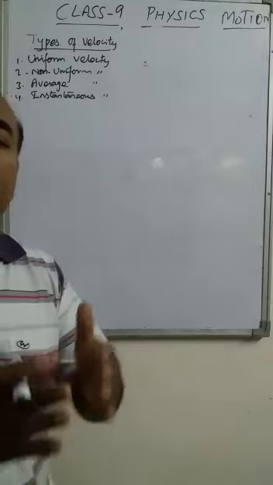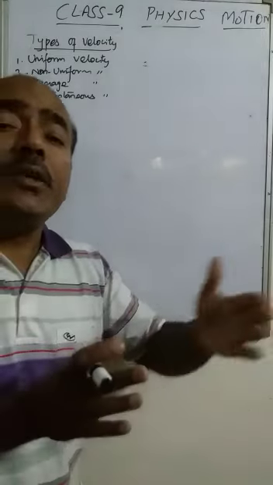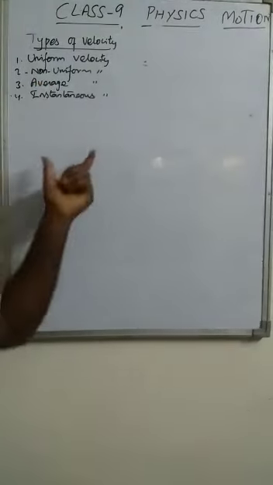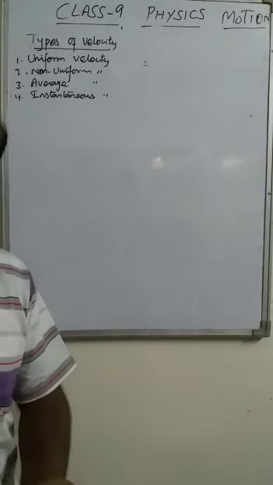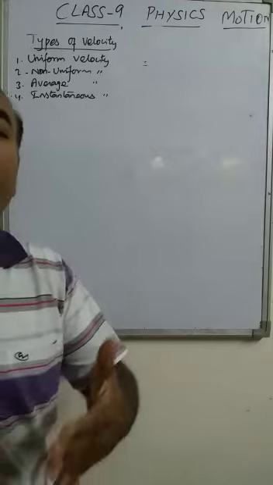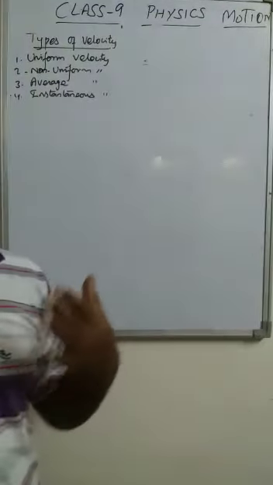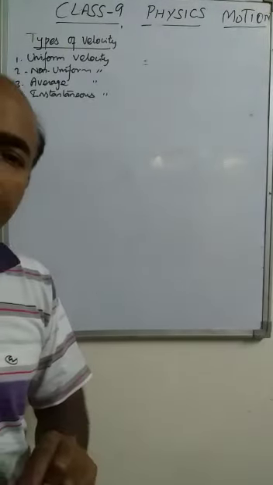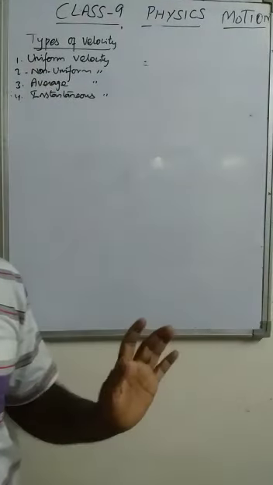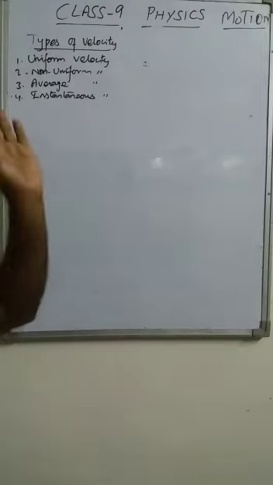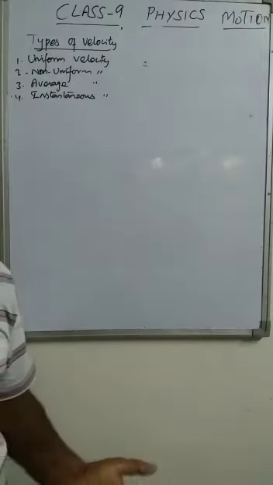If an object is traveling unequal distance in equal interval of time, then that is non-uniform speed. Then average speed is the ratio of total distance covered to the total time. Instantaneous speed is the speed of an object at any particular moment. That is instantaneous.